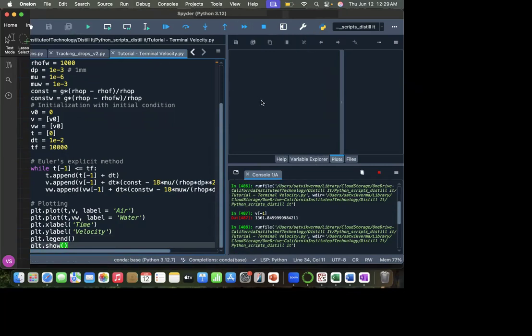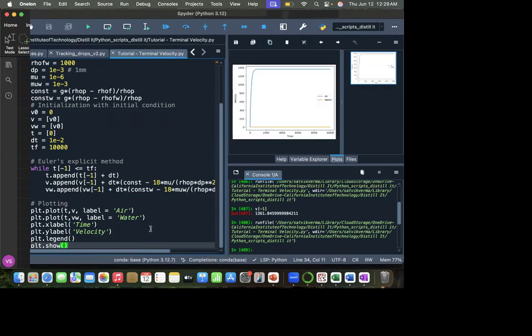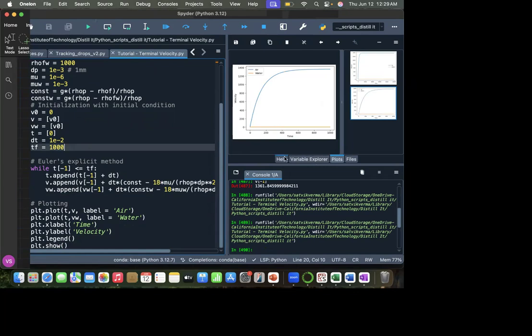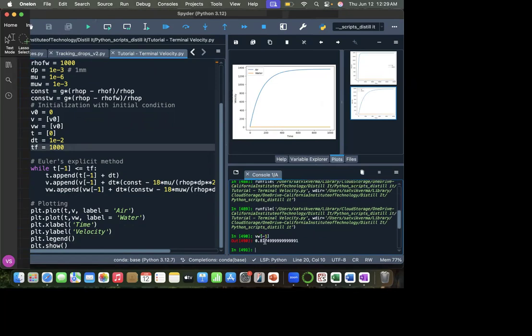And if you see for both cases, actually it doesn't really show much for this long time. Maybe let's go for a shorter time. Let's see the terminal velocity for water. So it's actually very small.